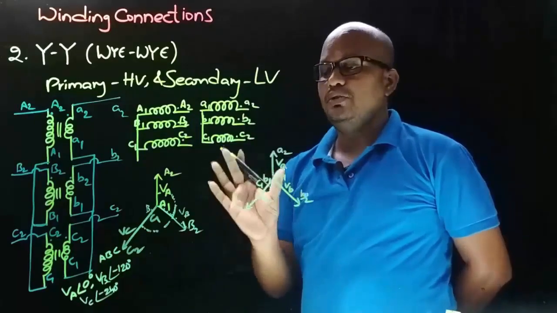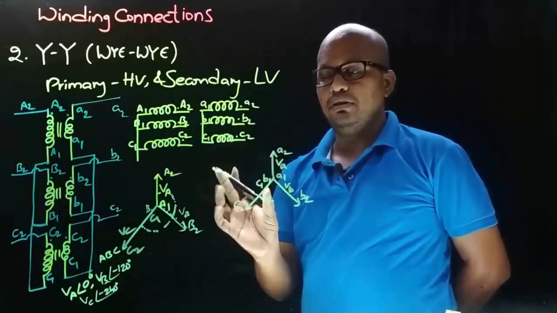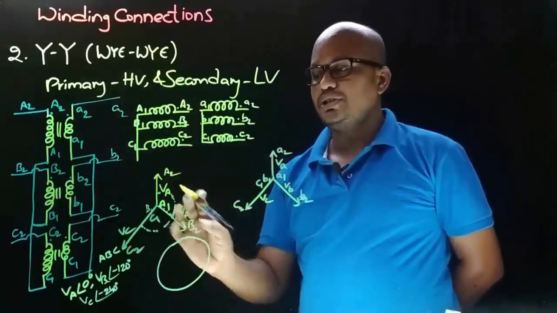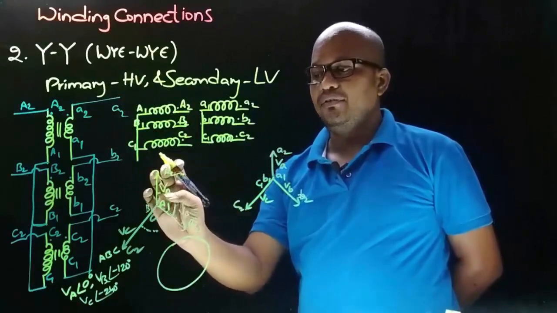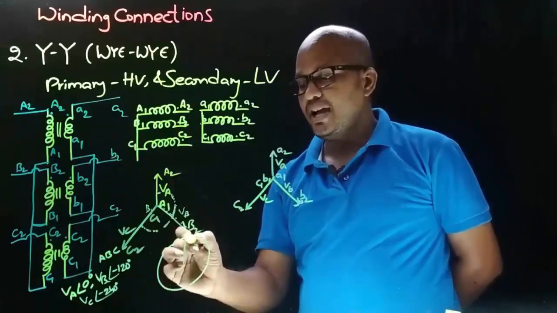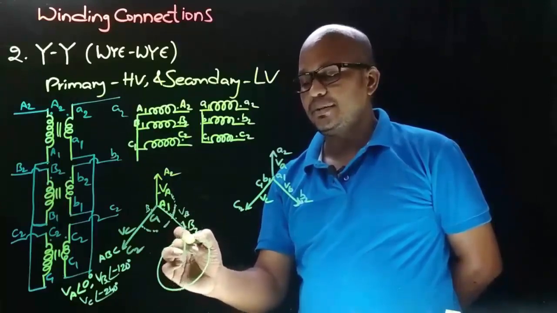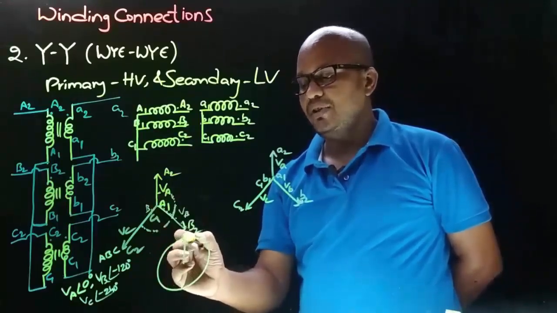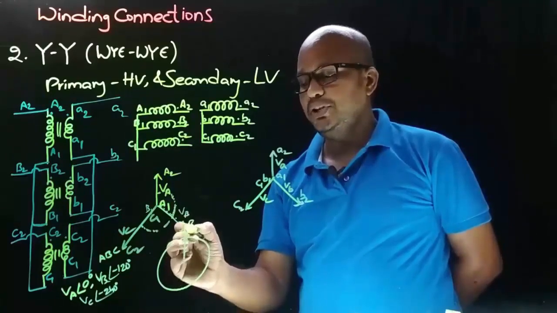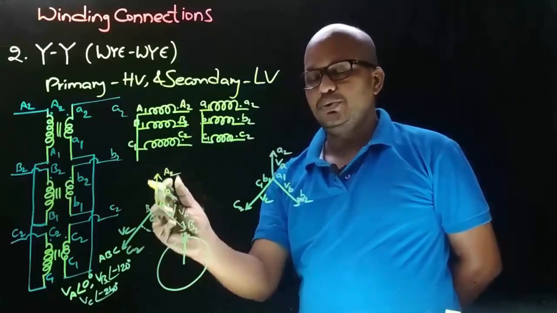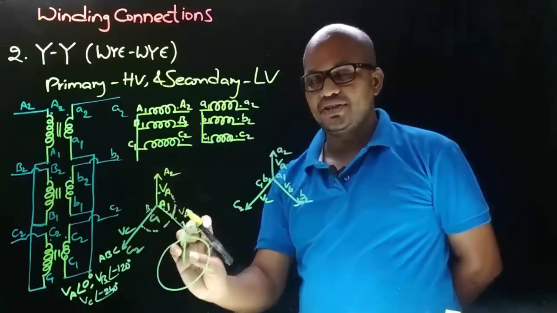And now we need to identify the vector group symbol for this type of star-star connection. In clock notation, the HV winding phase to neutral voltage is taken as reference and is represented with minutes needle and is always shown pointing towards 12, because phase to neutral voltage of HV winding is taken as reference.